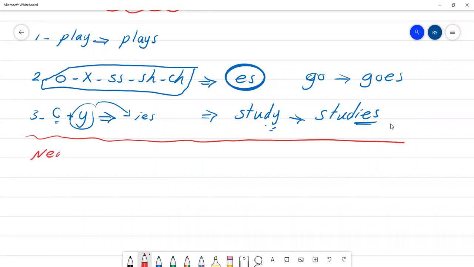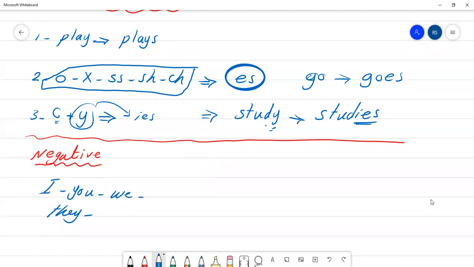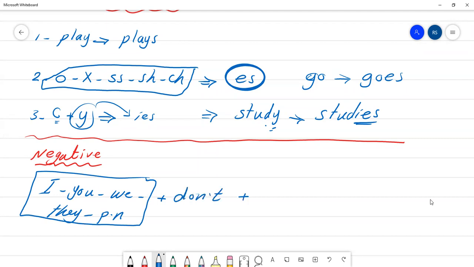Negative. We use don't and doesn't for negative. First group or group one, as we said before, I, you, we, they, plural noun, we use don't plus the verb.